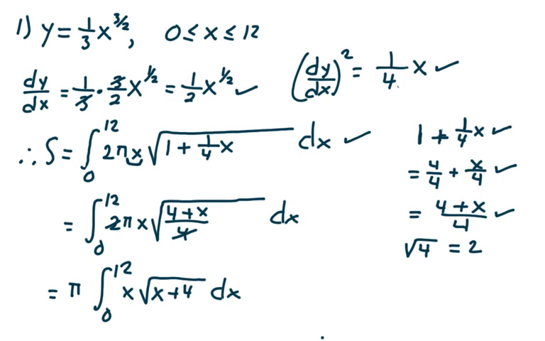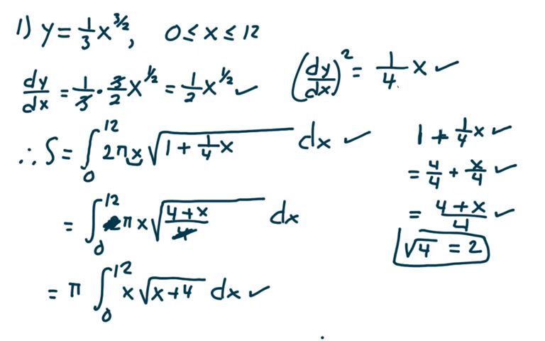Now remember, the square root of 4 is 2. And so this 4 inside the radical can cancel out this 2 outside the radical. What we're left with is pi times the integral from 0 to 12 of x times the square root of x plus 4 dx.